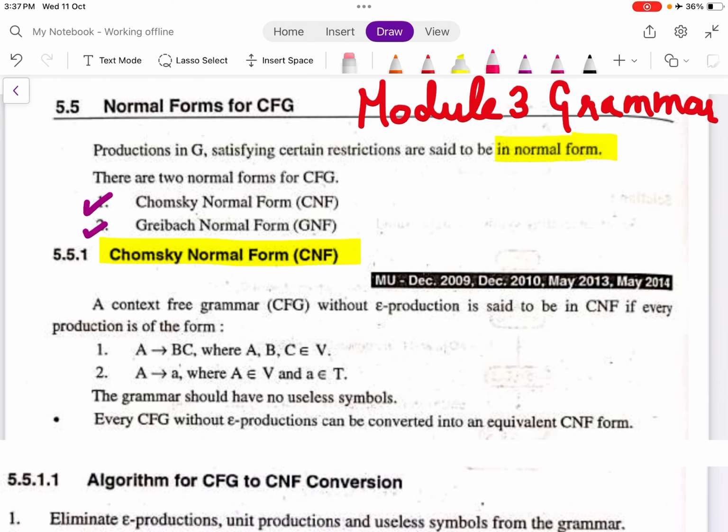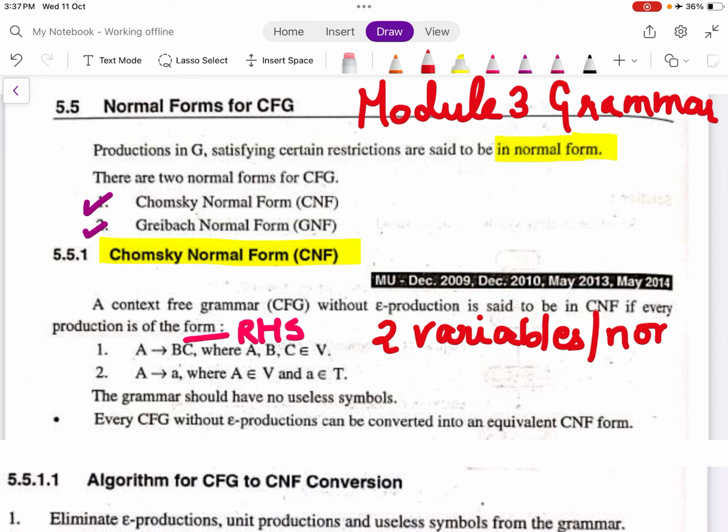So what is Chomsky normal form saying? That in the RHS, either you can have two variables, that is non-terminals, or you can have one terminal symbol.